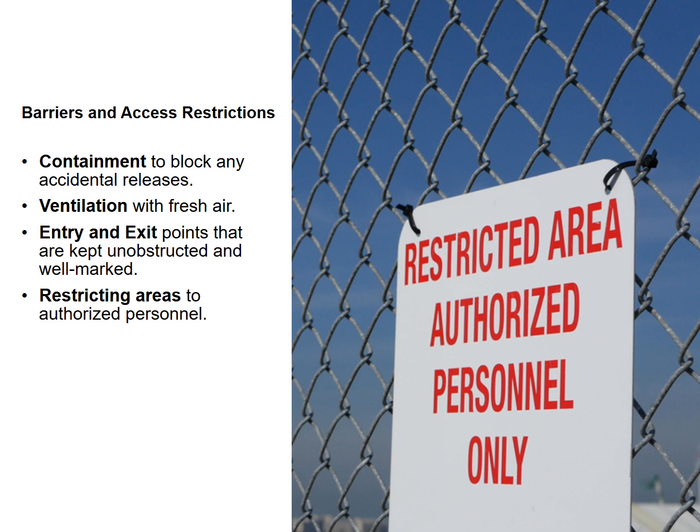Another control includes barriers and access restrictions set up around work sites. These may include containment to block any accidental releases, ventilation with fresh air, entry and exit points that are kept unobstructed and well marked, restricting areas to authorized personnel.